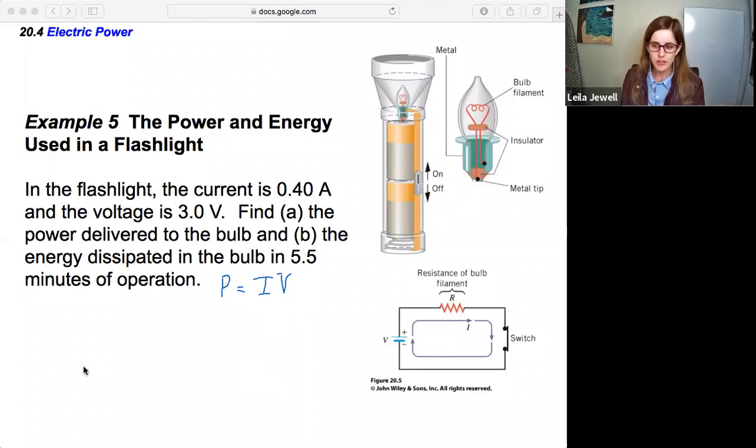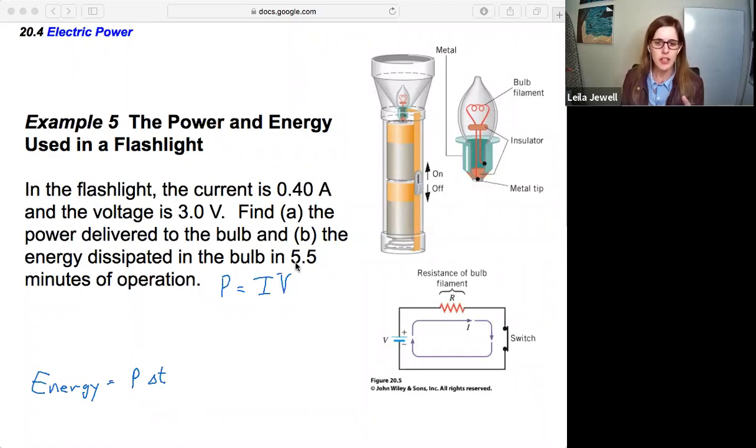Well, if we want to solve for energy, we can remember energy is closely related to power. How? Remember, power is energy divided by time. So that tells us energy will be power times time. So we can get our power from A and multiply it by the time.